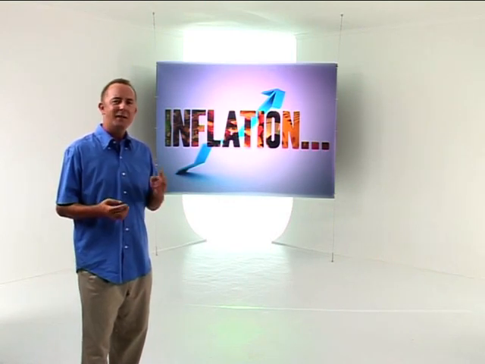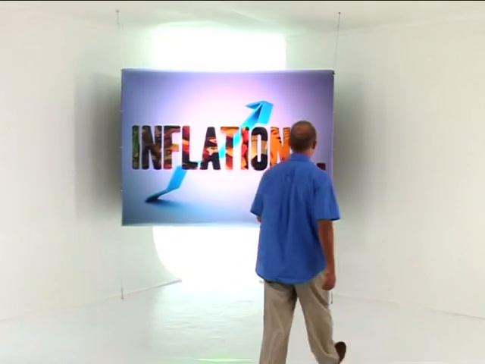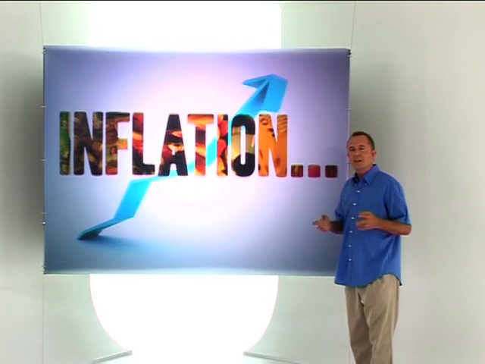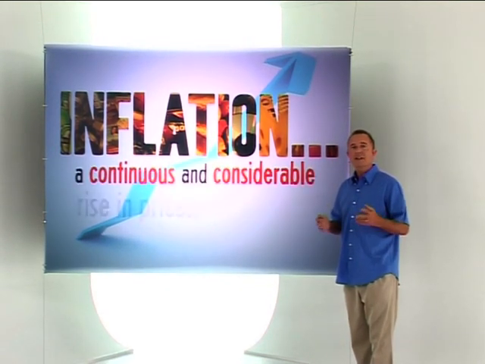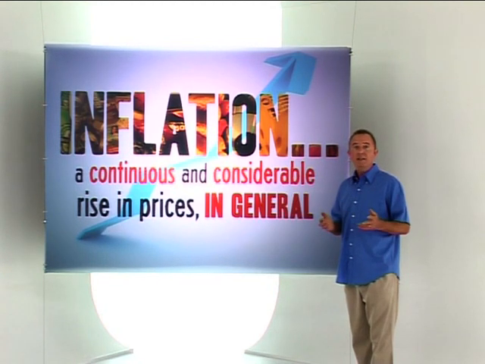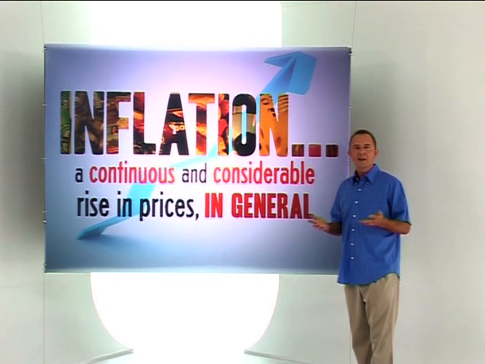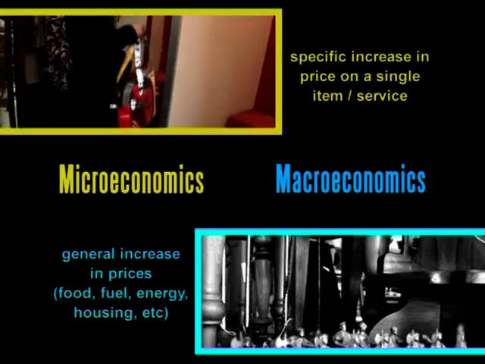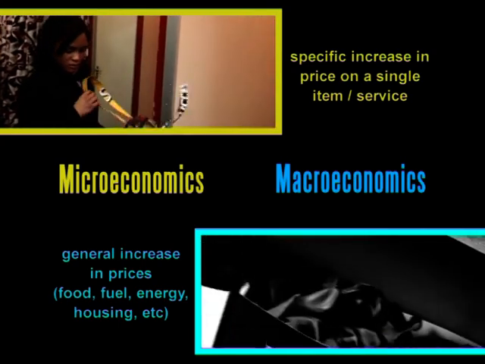But let's go back to the definition of inflation to see why. Now remember, inflation is a process of continuous and considerable rises in price in general. The increase in this case was only in the price of a handbag. We can't assume there was an increase in the price of other goods in general. What Tandy has experienced is an increase in the selling price of one product.